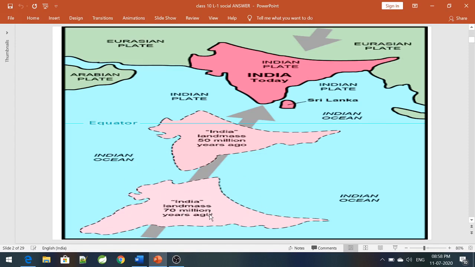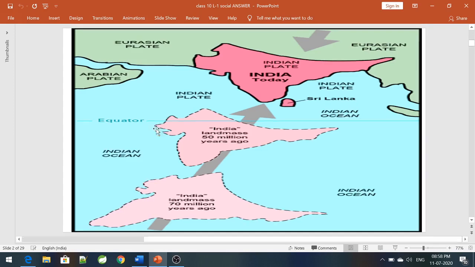If 70 million years ago it was here, then 50 million years ago it was here, and then it merged into the Eurasian plate and thus formed India. And this is the southern part of India, and this is Sri Lanka, and likewise I remember Madagascar also. So many lands formed like that.